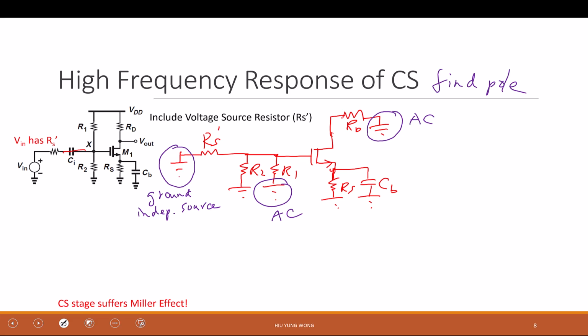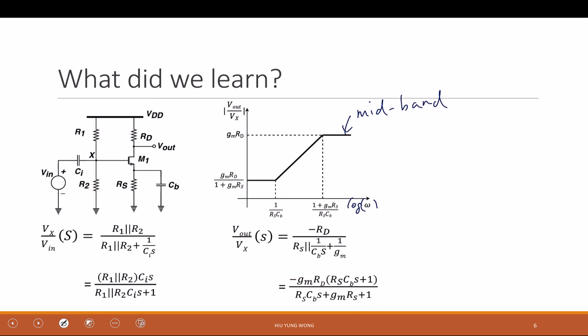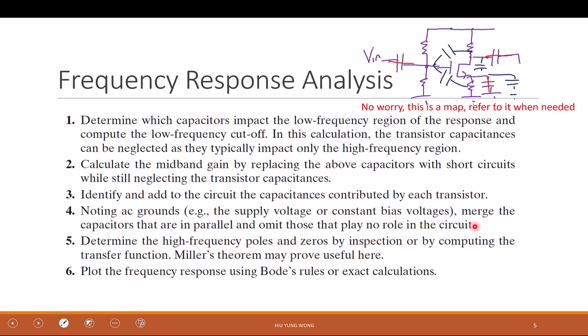And then I'm going to do this also. Ground this guy, right? Short it, I short CB. Why can I do this? High frequency. Because 1 over j omega CB is small. Okay? So if I short the CB, which I already told you is nothing new, right? I already told you here that I'm going to short it at high frequency, right?